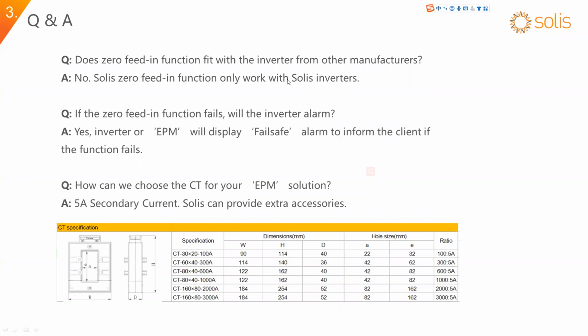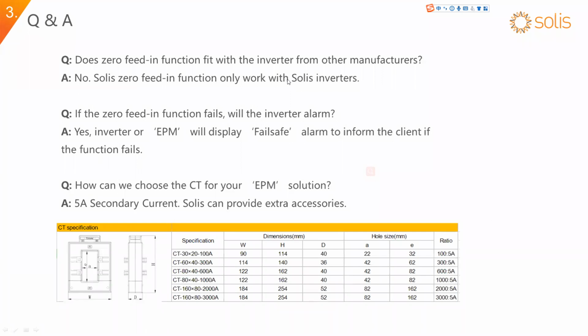More than one? Yes, of course. The EPM can be connected to more than one string of inverters. You mean one string of inverters? What do you mean? EPM can be connected to multiple inverters. If you have like 10 or 9 inverters, they can be connected through the data chain of communication, and then the EPM will control them.